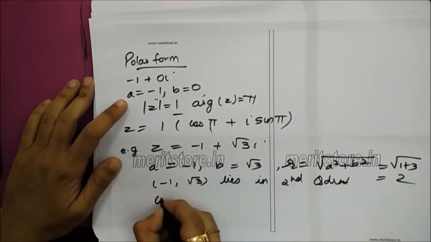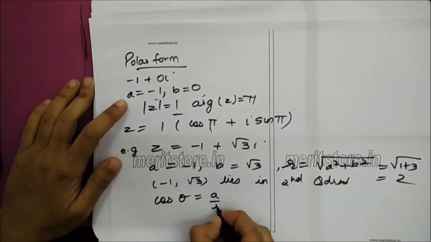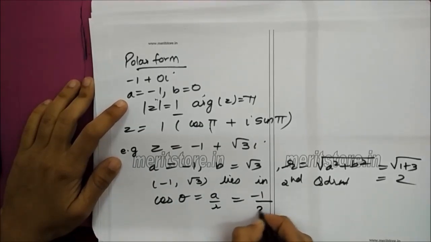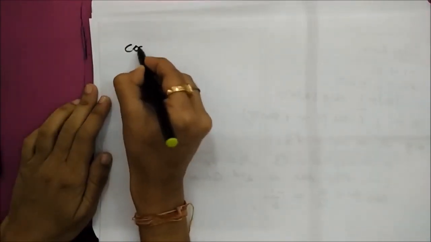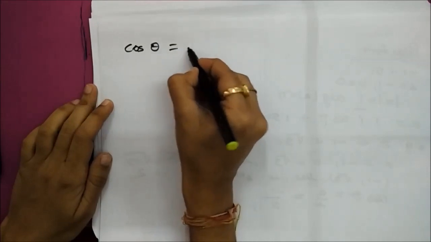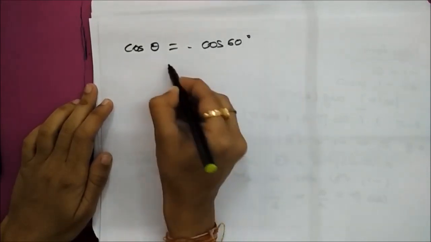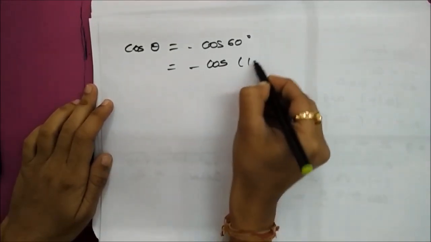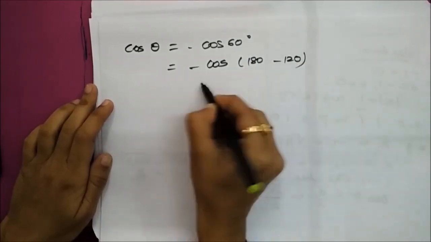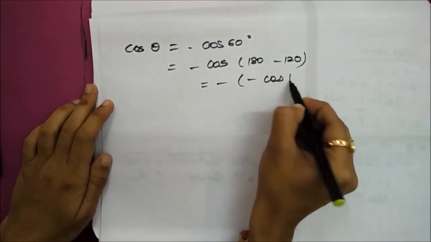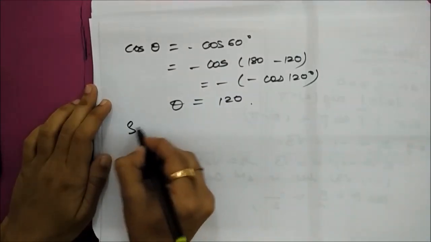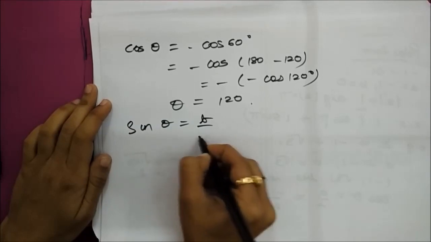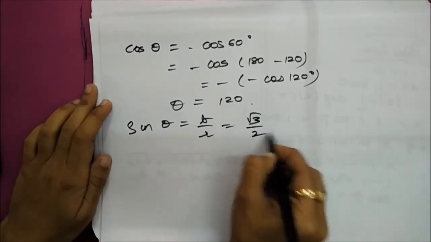And here you get cos theta is equal to a upon r, that is minus 1 upon 2. Right? After that, the value of cos theta is minus cos 60, using trigonometric functions, 180 minus 60, that is cos 120. The answer theta is 120. Similarly, sin theta is equal to b upon r, that is root 3 upon 2.